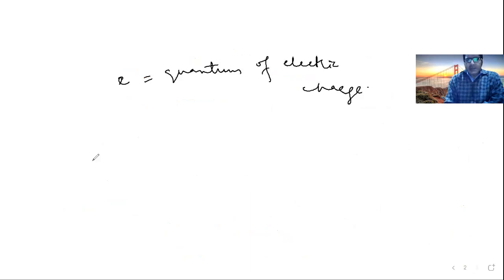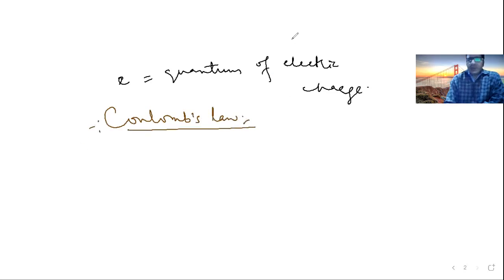The next thing is Coulomb's law. Coulomb's law is actually the force law in electrostatics.